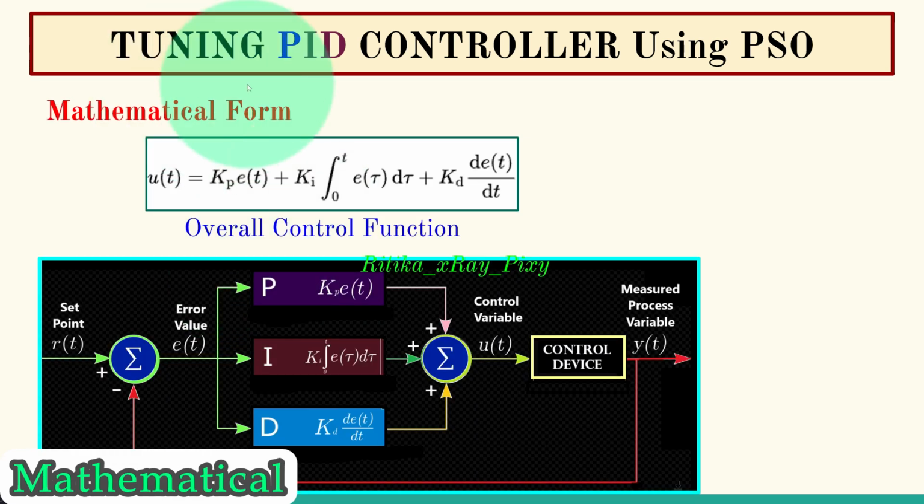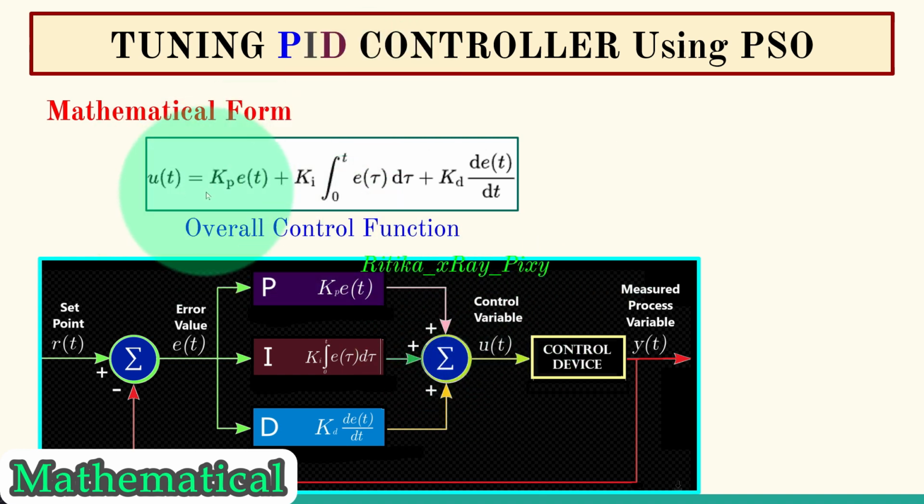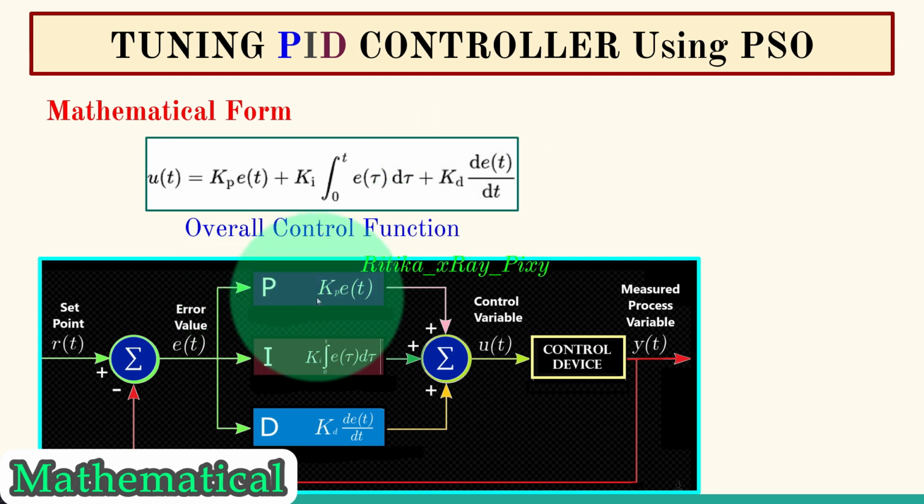Next you can see the mathematical form for the overall control function. u(t), the control variable, is equal to the proportional term plus the integral term plus the derivative term. You can see all the values here for the proportional term, Kp, e(t).